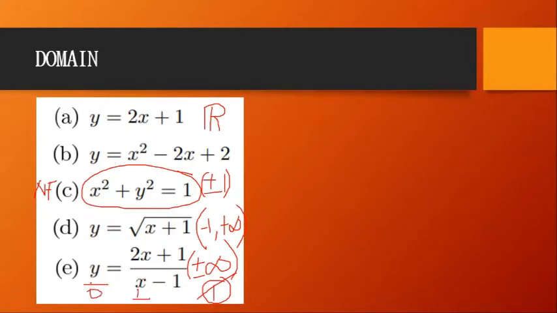Any fraction na meron 0 as denominator, it is called an undefined number. Existing yung value ng x natin, existing din yung value ng y, pero wala siyang definite na value. Okay? Parang meron kang x, pero yung y mo, hindi mo matukoy kung ano ba talaga yung value niya. Okay? So, ito yung tinatawag nating domain.